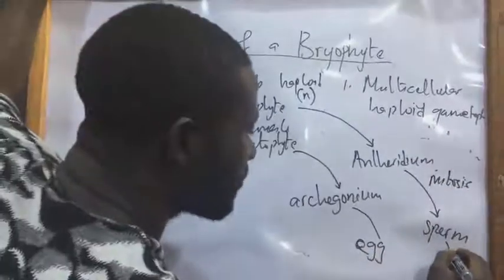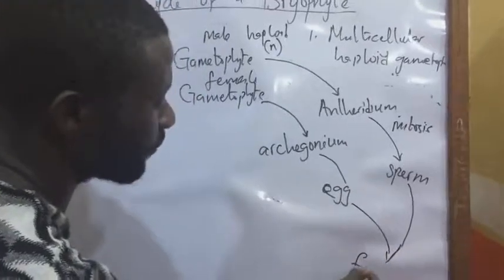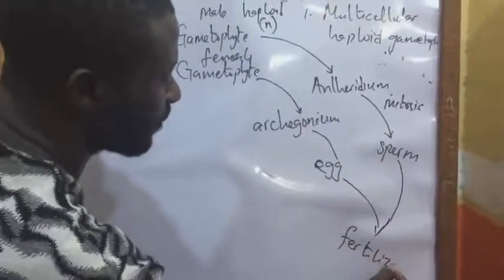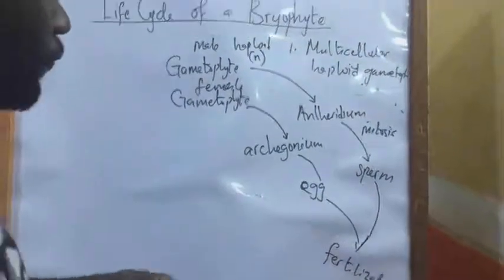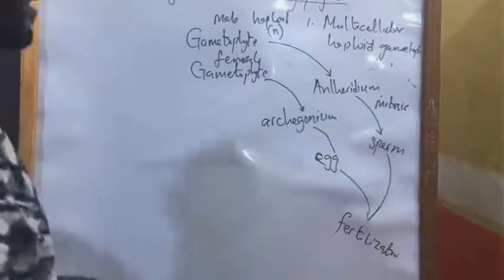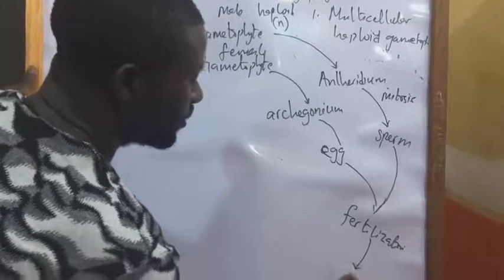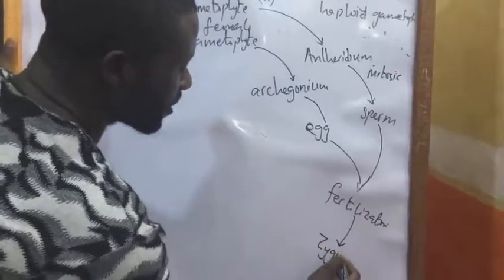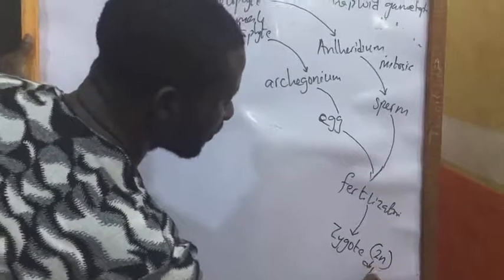Now, what happens between the sperm and the egg? That is what is called fertilization. Fertilization means fusion of egg cell and the sperm cell. When fertilization occurs, zygote is produced, and it is 2N, which means it is diploid.